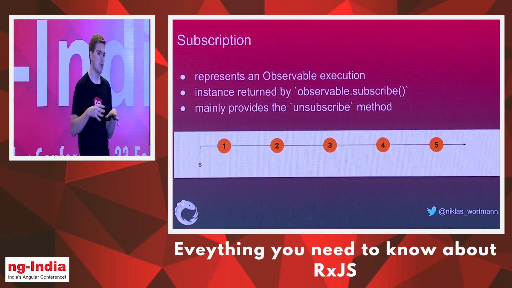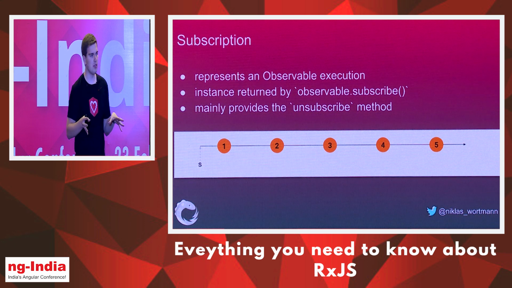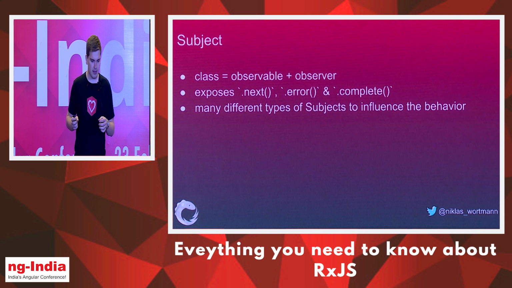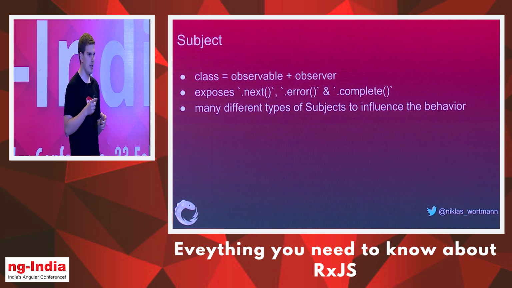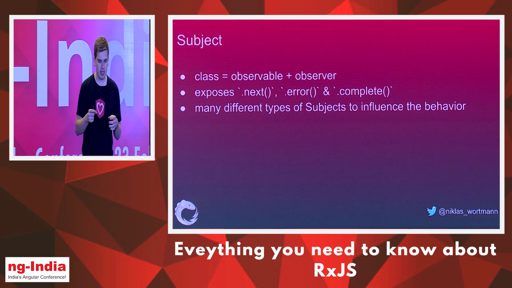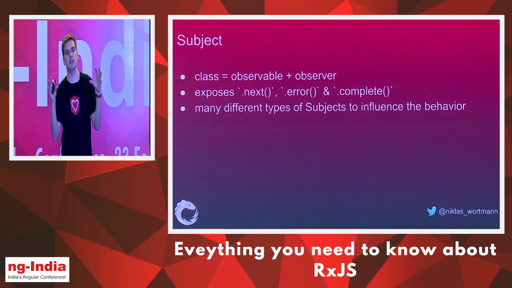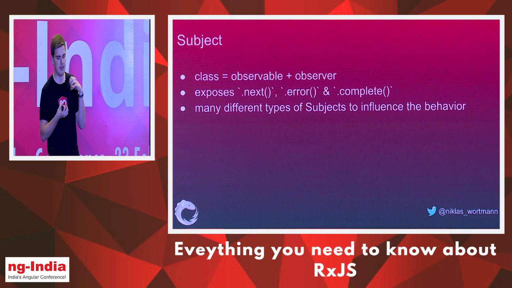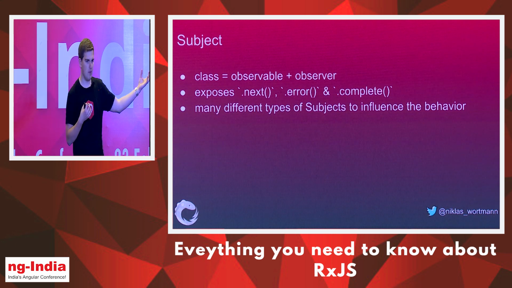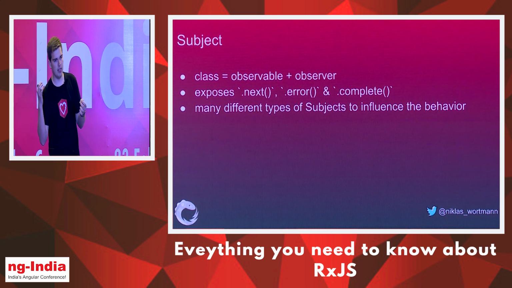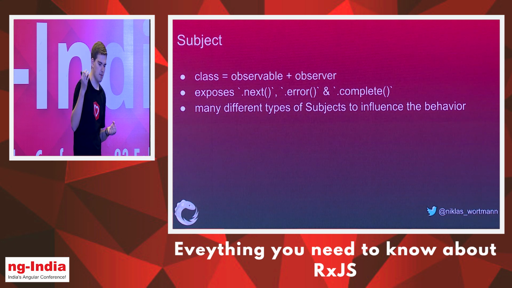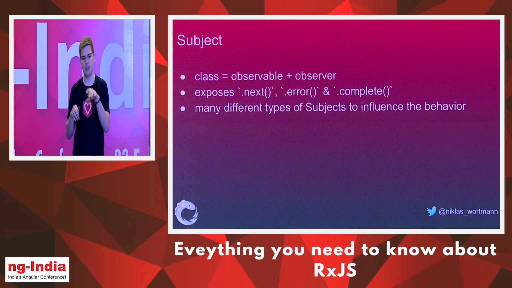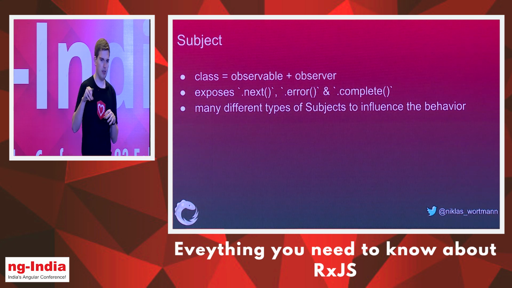So that's the main use case of storing a subscription instance in a property. But we will come back to that later. And last but not least, the subject. We already heard a lot of that, but just a quick summary. In general, it's just a combination of an observer and an observable. So it has the power of an observable, but exposes the value propagation mechanism from the observer, so that we directly can opt in values into that observable via the subject.